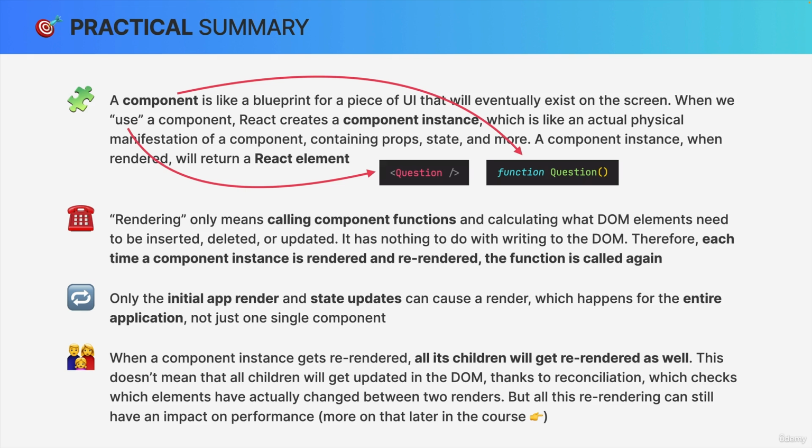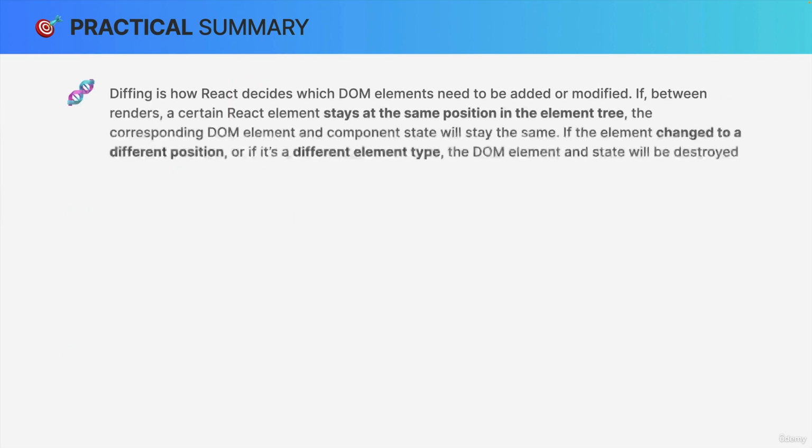Now, this doesn't mean that all children will get updated in the DOM, because thanks to reconciliation, React will check which elements have actually changed between the two renders. Now, one of the main parts of this reconciliation that I just mentioned is diffing.